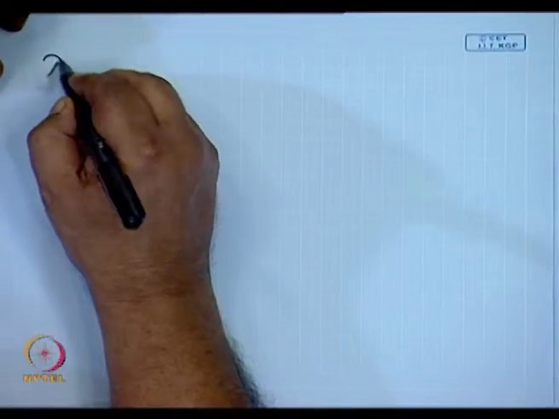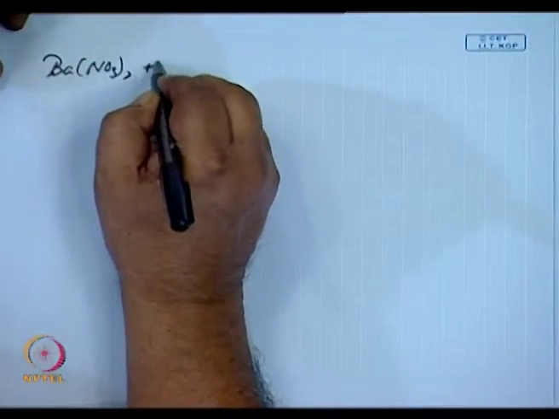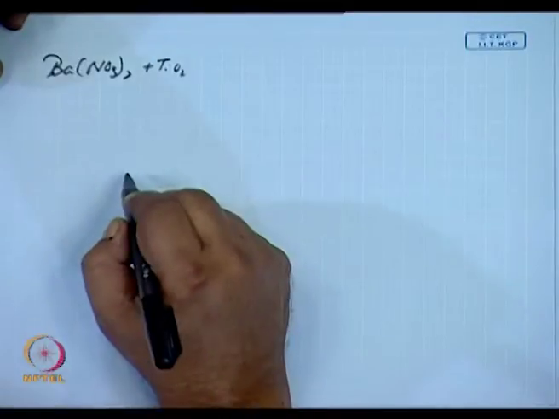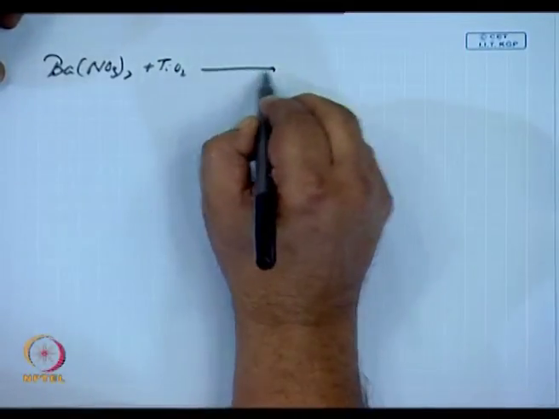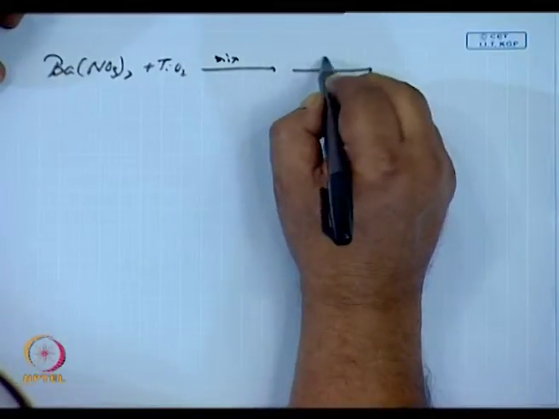However, in this solid state reaction route, let me say, today, how would I teach an UG student how to make barium titanate by the solid state reaction route? What I would do is, instead of barium carbonate, I would take barium nitrate and titanium dioxide. I mix them and fire them.